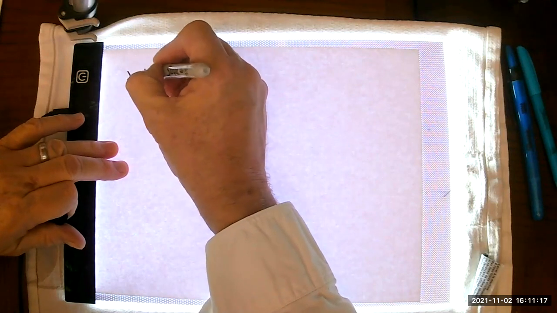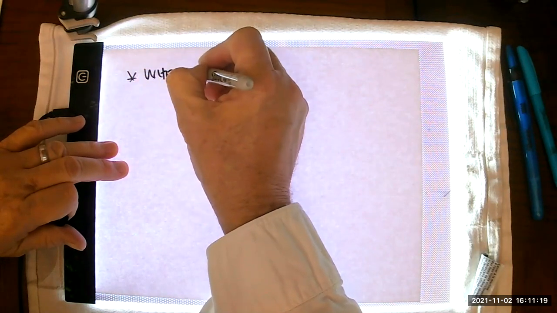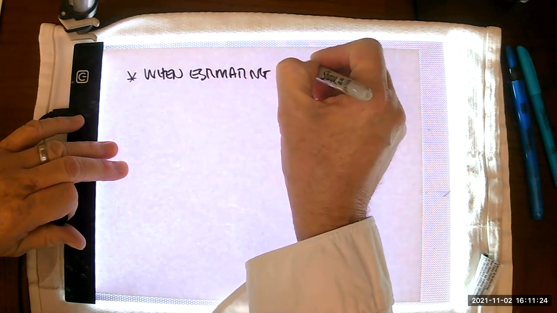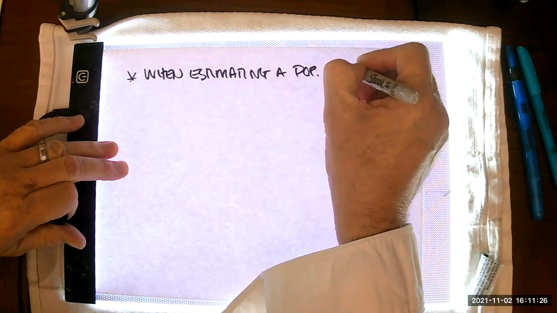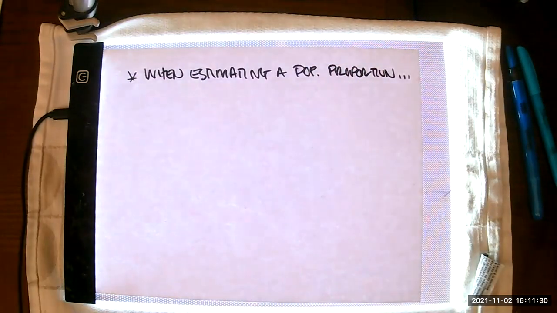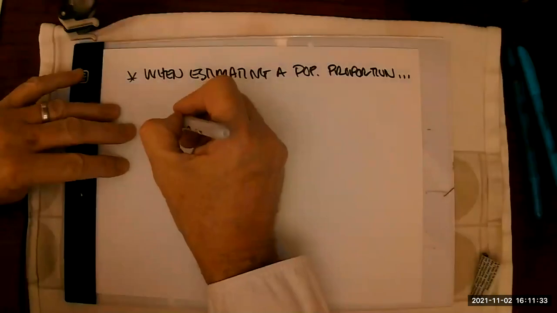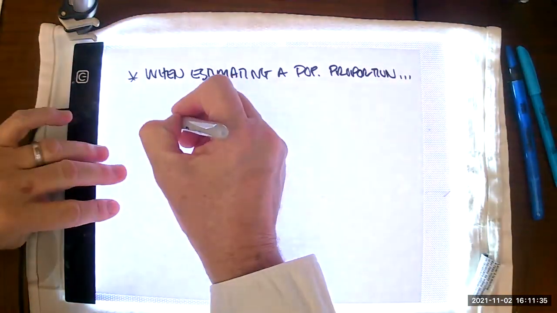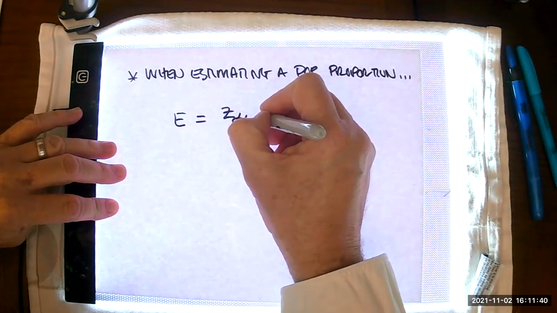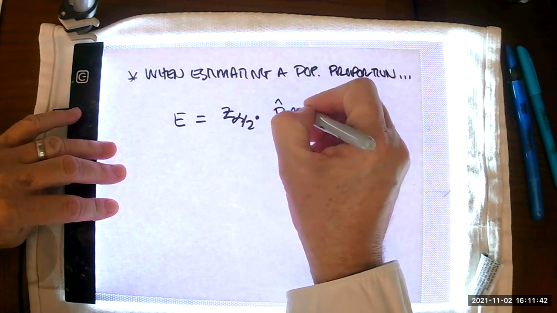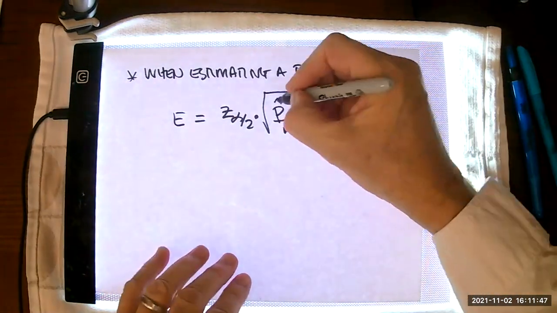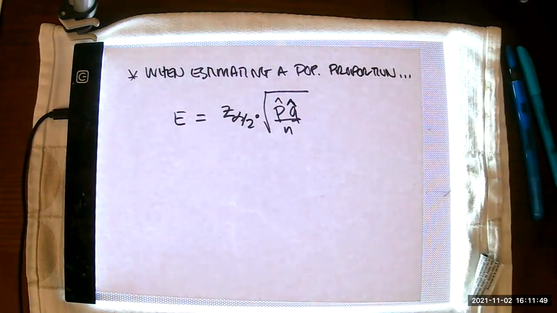So when I'm estimating a population proportion, my formula from last night looked like E equals z alpha over 2 times the square root of p hat times q hat all over n.